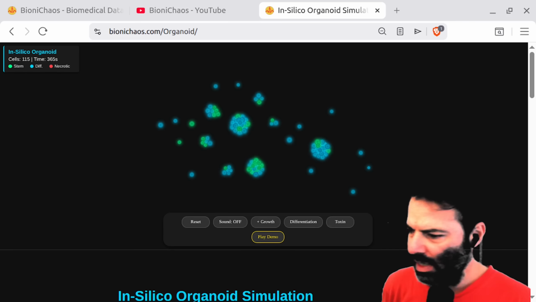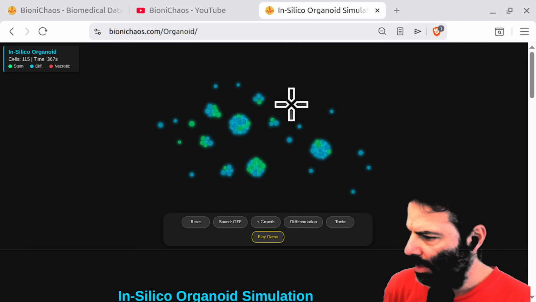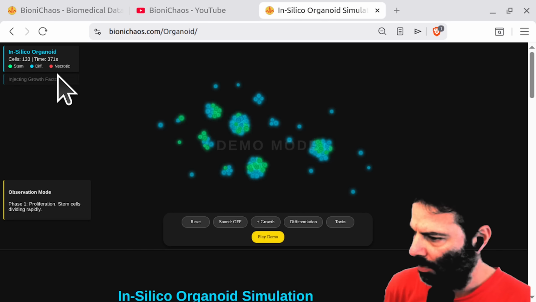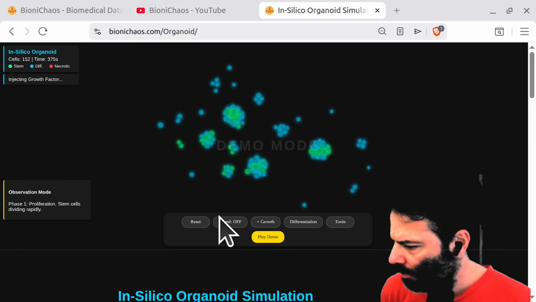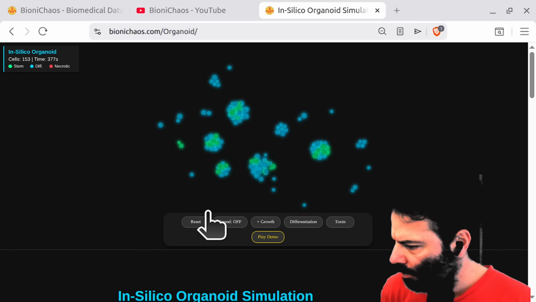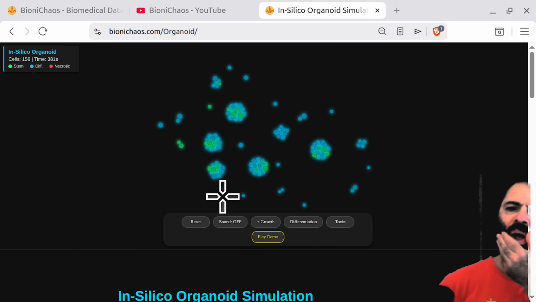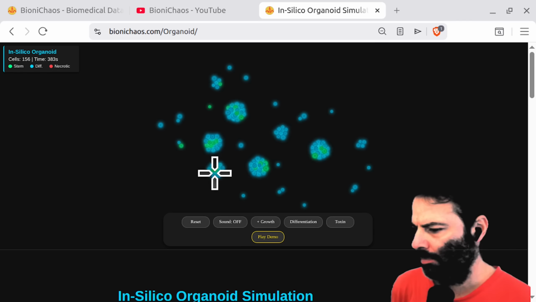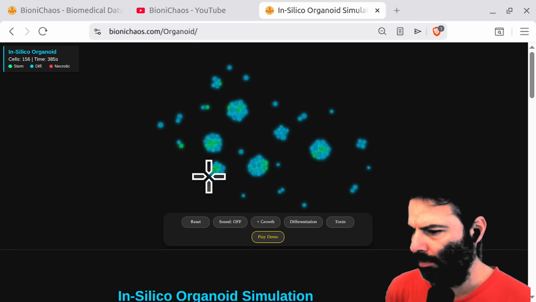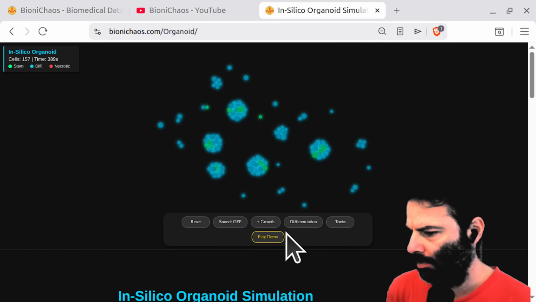What's the blue represent? Can you describe the difference between green, blue, and red? Sure. According to the legend in the top left, the green dots are stem cells, the blue dots are differentiated cells, and the red dots are necrotic cells. The blue differentiated cells seem to form larger clusters in the simulation.